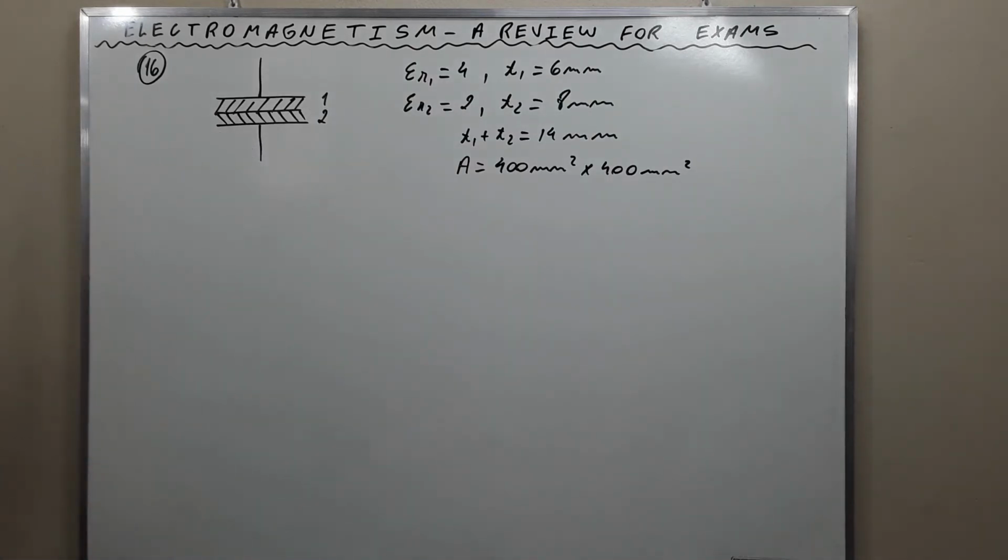Exercise 16. A parallel plate capacitor is made of two square metal plates of 400 millimeter sides.